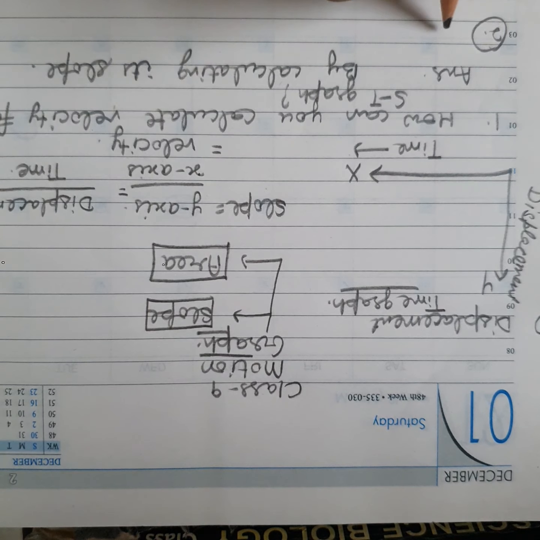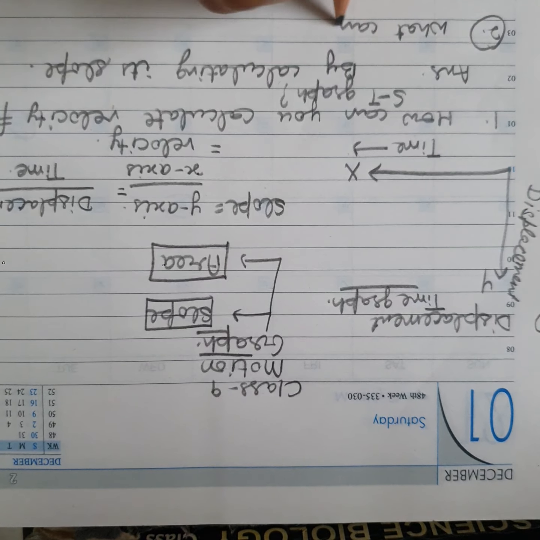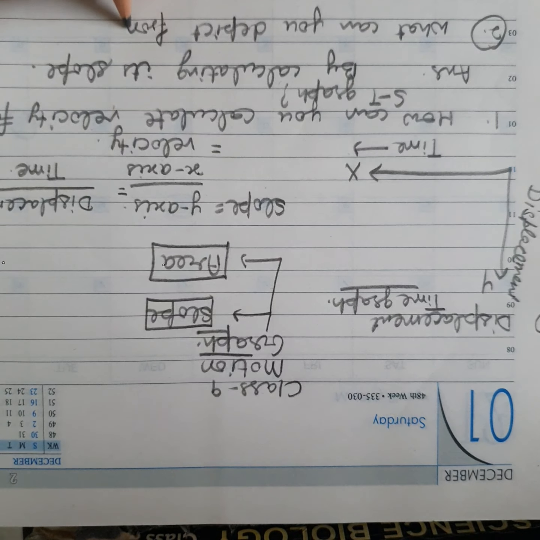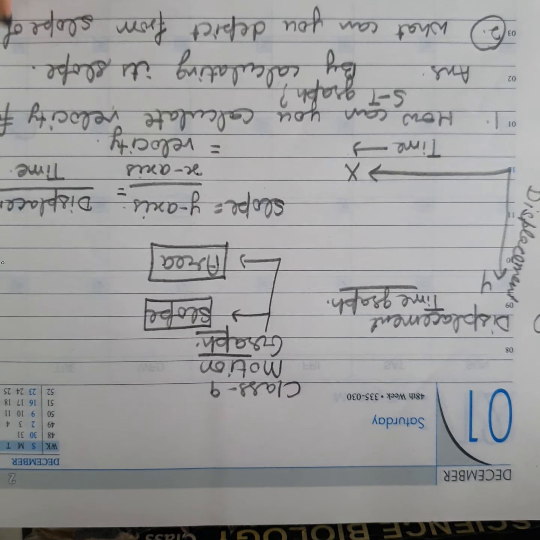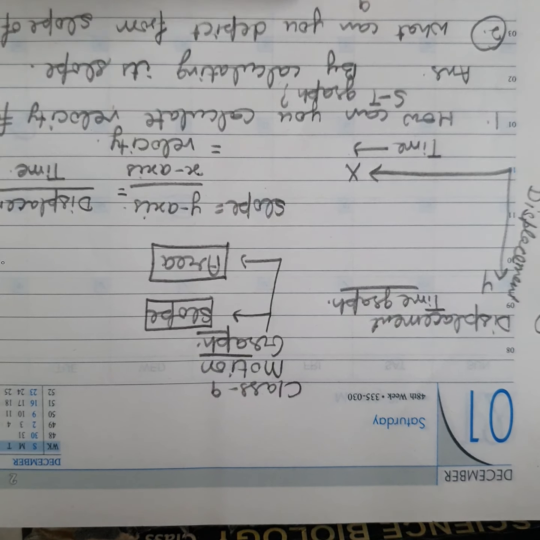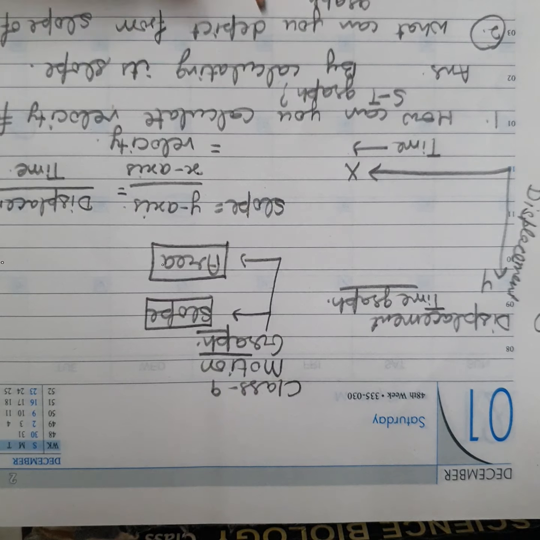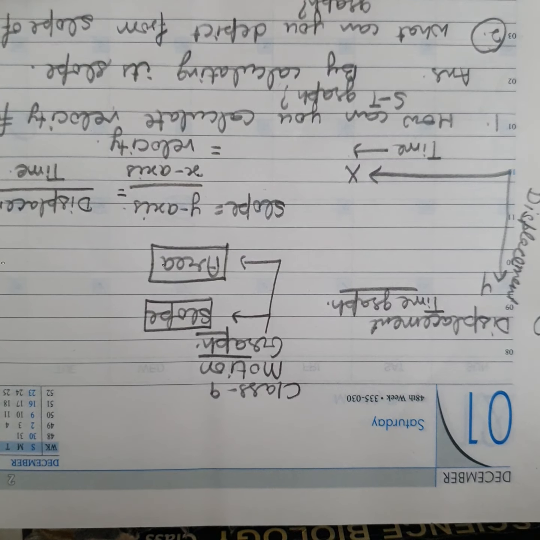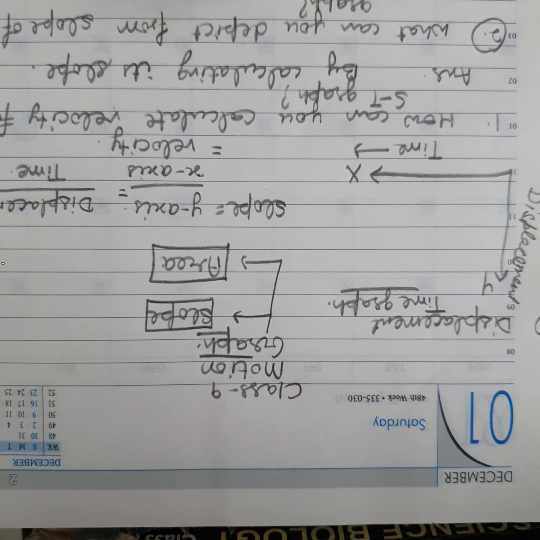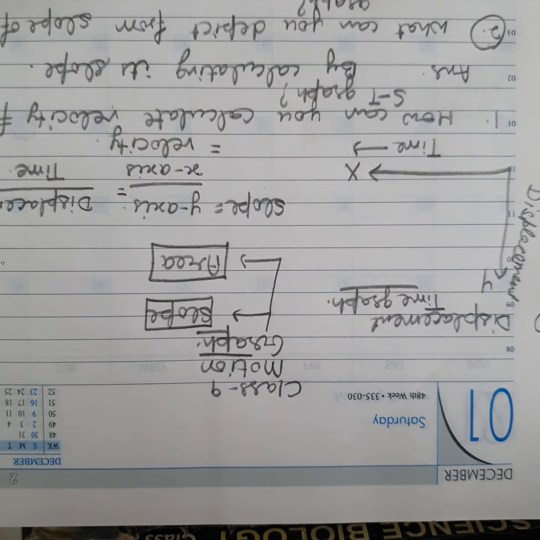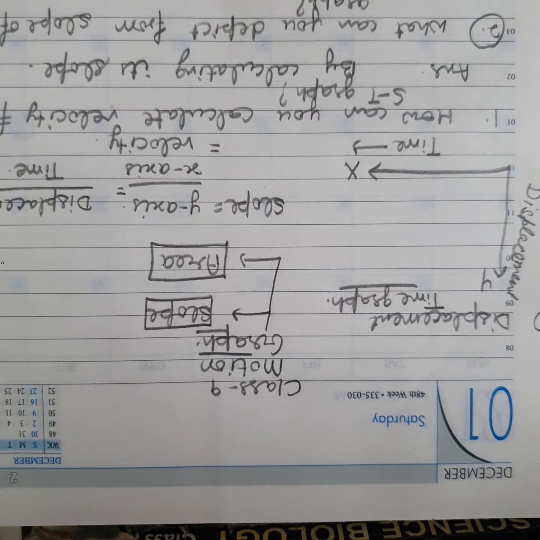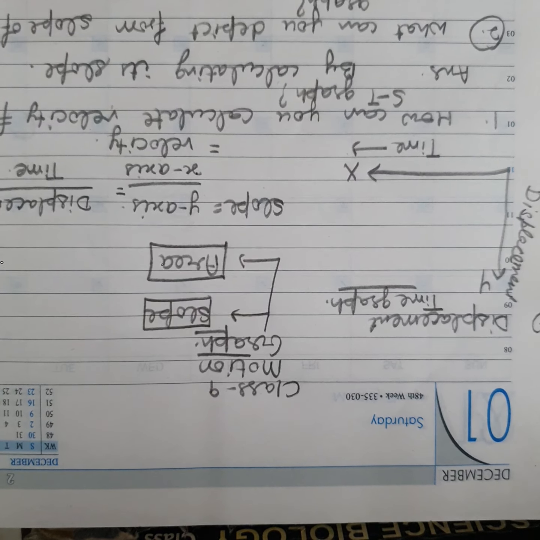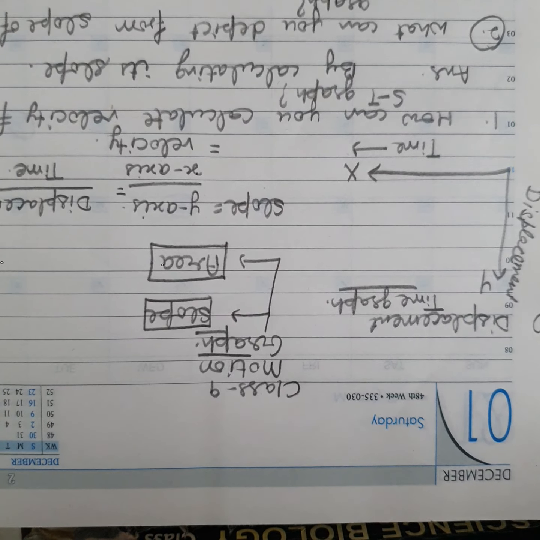Another question arises: what can you depict from the slope of a displacement time graph? The answer is velocity. Or, which information is provided by the ST graph?